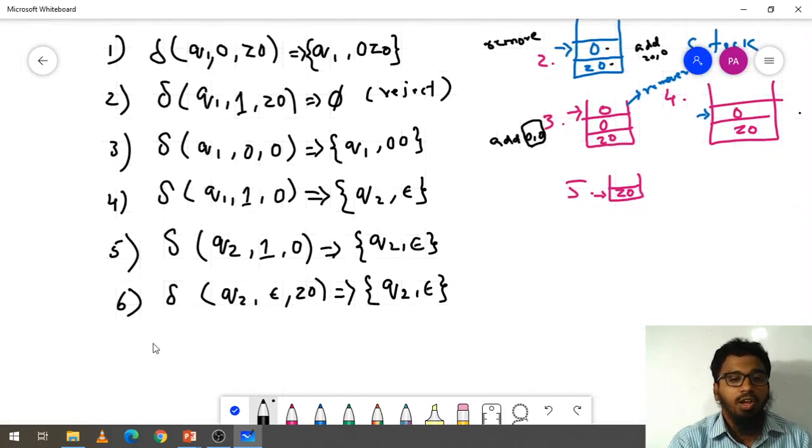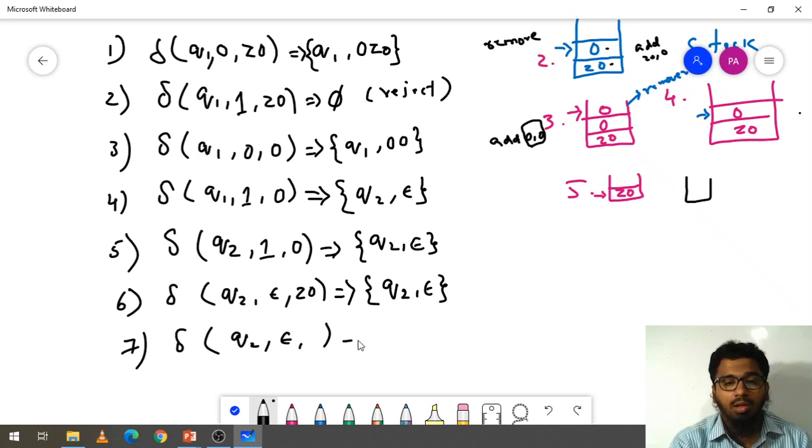Here, after this seventh one, we need to check delta. We already finished, but after this our stack is empty, so q2 epsilon, here nothing. What answer will we get?